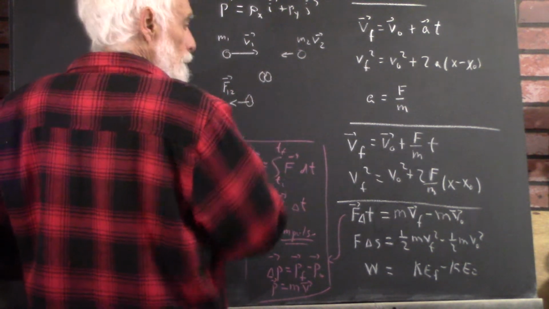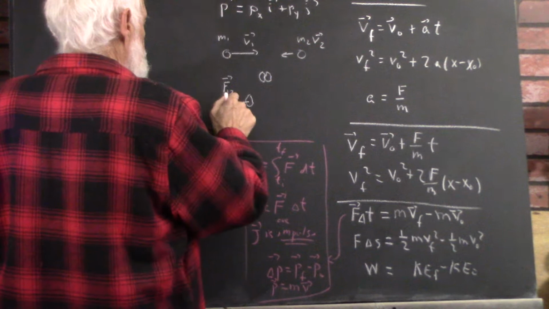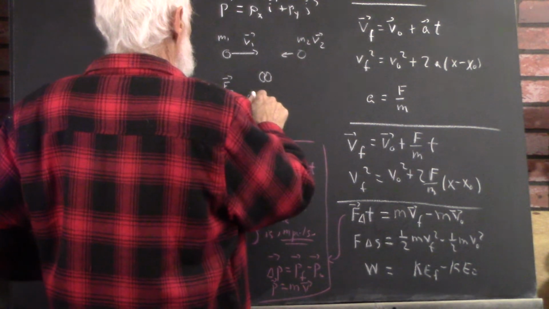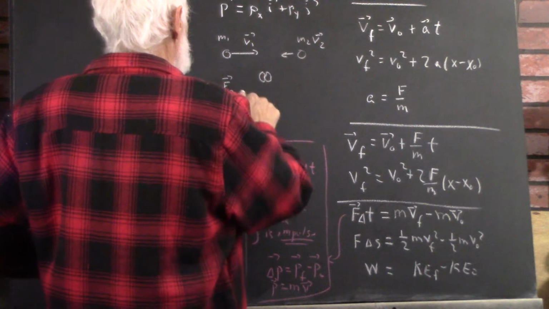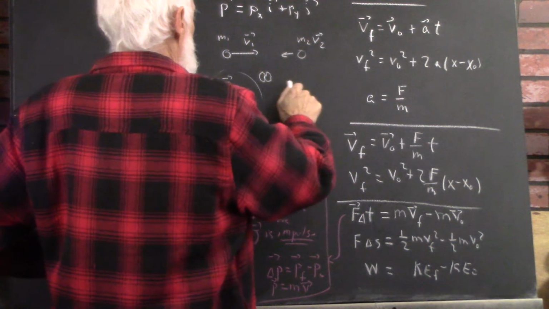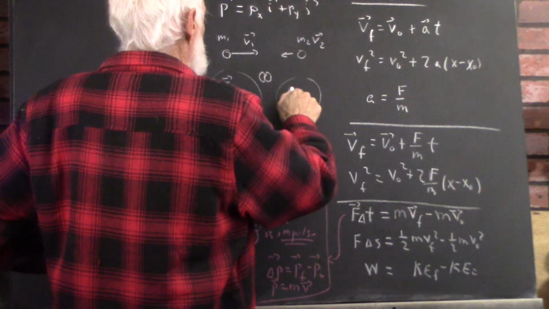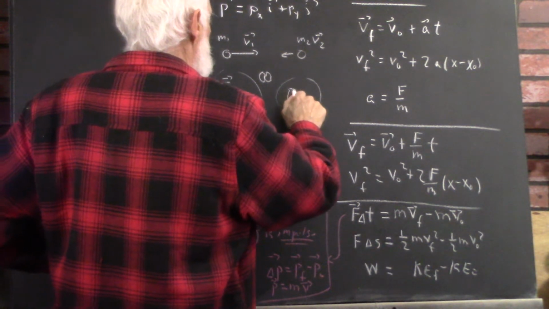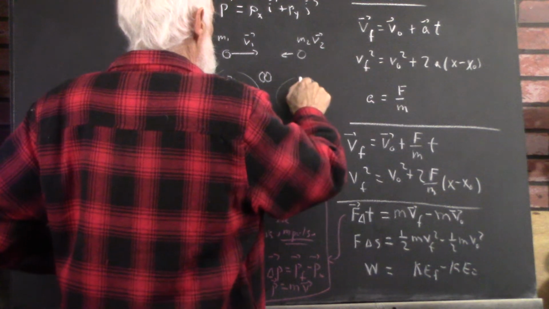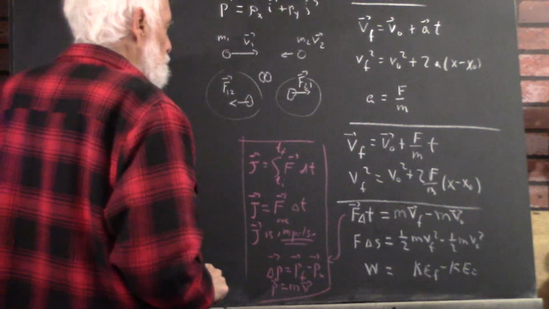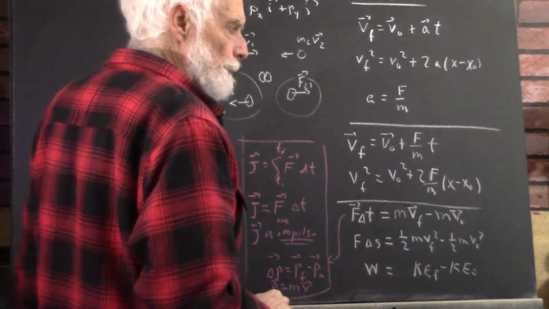This is particle 1. This is the force exerted on particle 1 by particle 2. If you isolate the force on this particle, we'll call it F21, the force on particle 2 exerted by particle 1.